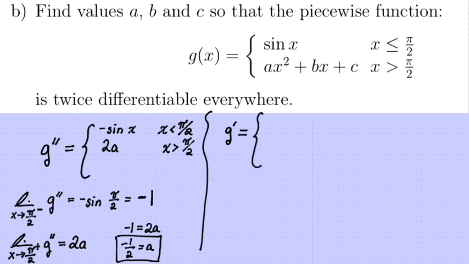which again, when x is not equal to pi over 2, is pretty easy to find. The derivative of sine is cosine. So when x is less than pi over 2, our derivative is cosine. When x is greater than pi over 2, our derivative is 2ax plus b, except that I know what a is, so I'm going to replace a with what it equals, and so this is negative x plus b, because 2 times negative 1/2 is just negative 1.